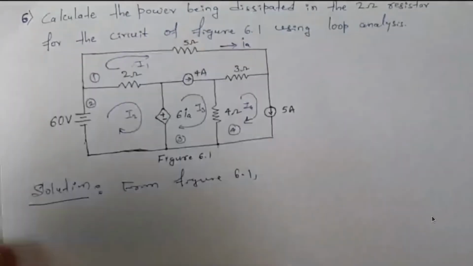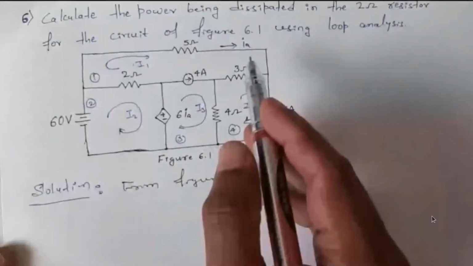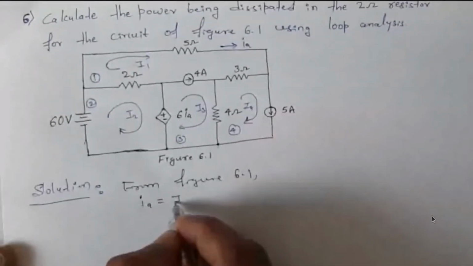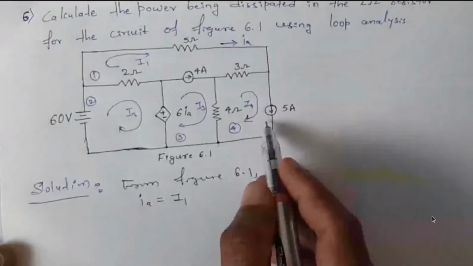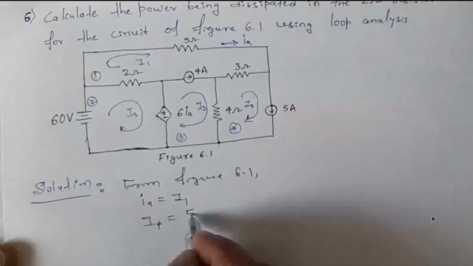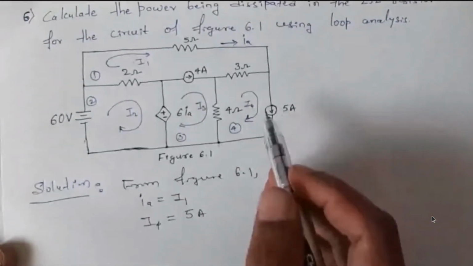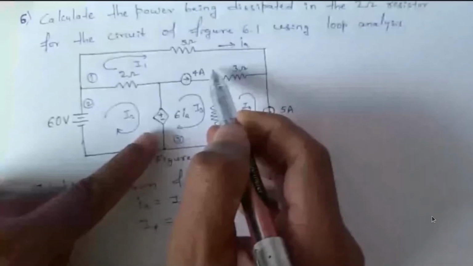What I do, from the circuit of figure 6.1, I'll write like this. IA is equal to I1, right? And one more thing, I4 also I can directly write. I4 is equal to 5 ampere. If you see this, I4 is 5 ampere. And even, dear students, one more is here. Look at this. I3 is flowing in this direction, whereas I1 is flowing in the opposite direction.